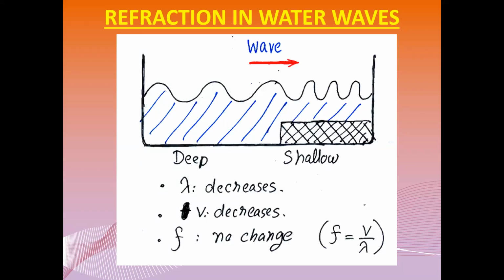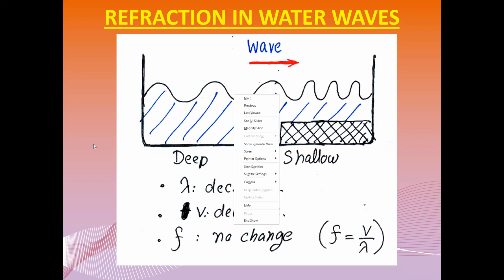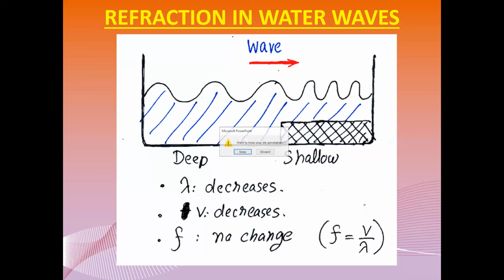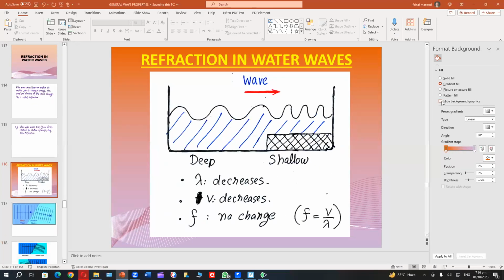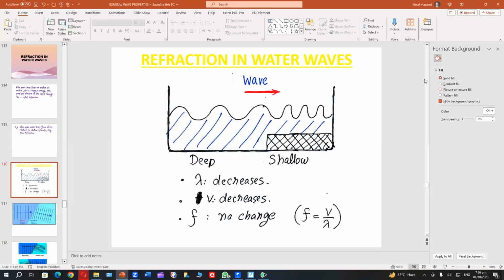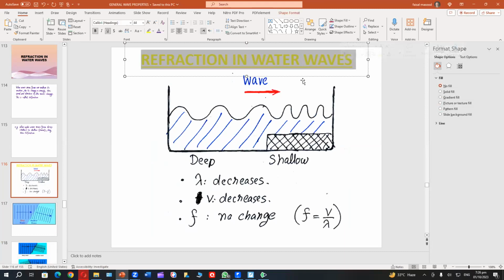Now, this is the experiment which demonstrates the refraction of water waves. This is an experiment we are doing in a ripple tank. A ripple tank is specialized for demonstrating water waves, and ripple tanks are always used to show waves in water.